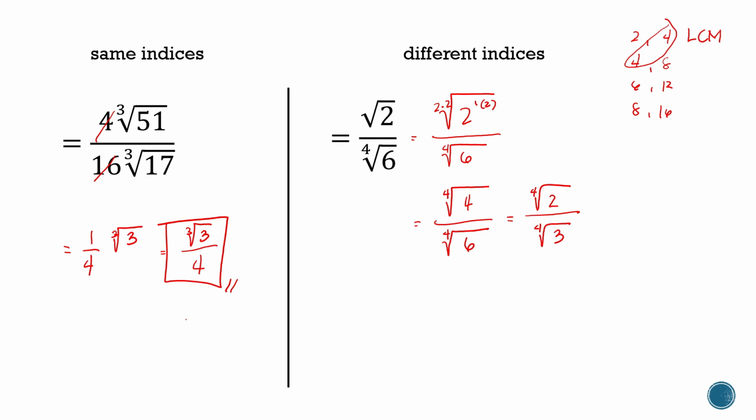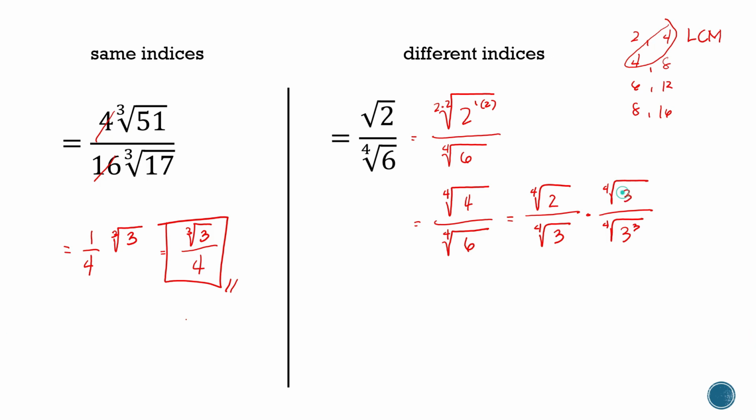Now, since we do not want a radical in the denominator, we will rationalize this. To do that, I will multiply this by the fourth root of 3 raised to 3, because I want the radicand 3 to have an exponent of 4, so we can simplify it because the index is 4.